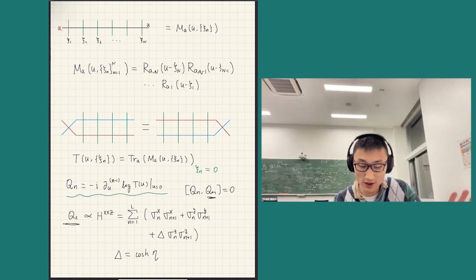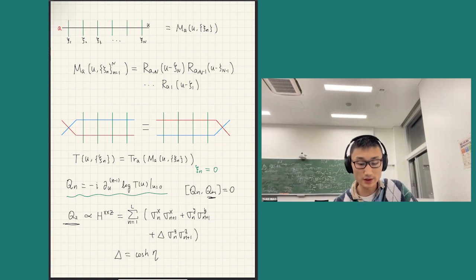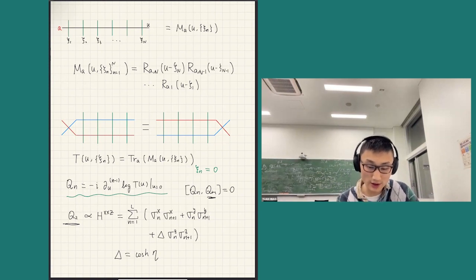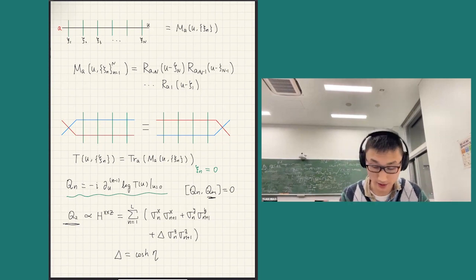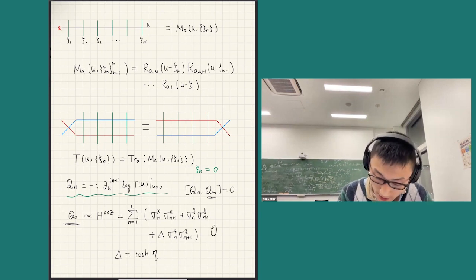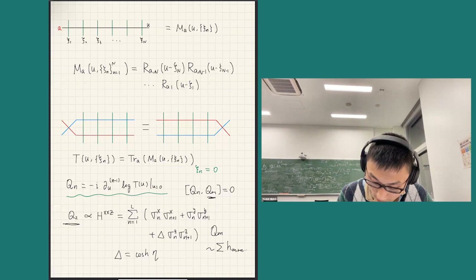And another thing which is not obvious at all, but somehow is true, is that all these Qm are local operators. So they are operators with local density. In some sense, Qm can be written as a sum over h from n plus 1 to n plus m, roughly speaking.